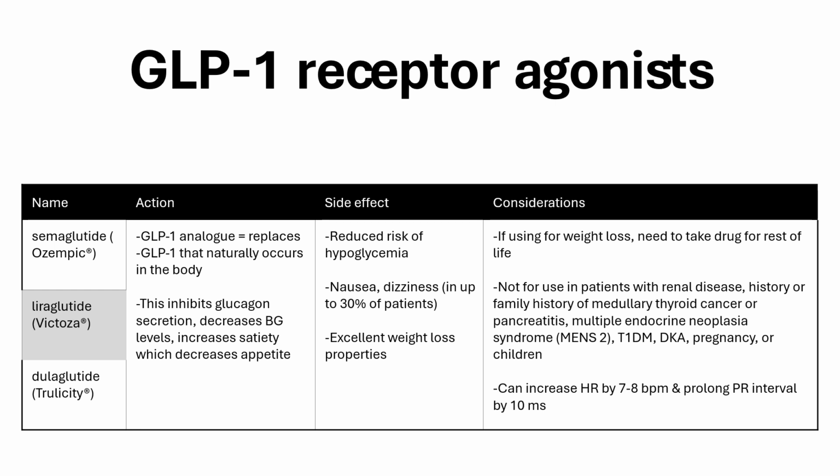But nausea and dizziness really make up the majority of the issues here. It usually is in the initial stages of titration, where they might feel a feeling of fullness. It's more rare that they actually vomit, but some people have a feeling of nausea.